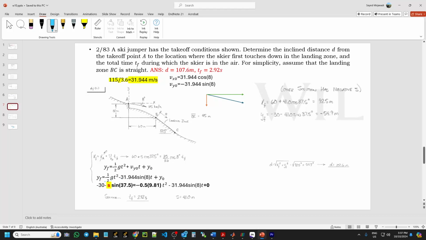So minus 30 minus S sine 37.5. For the X, we have the same thing, 60 plus S cos 37.5. And this is the velocity in SI unit, cos 8, as I said, the green one, times tF.